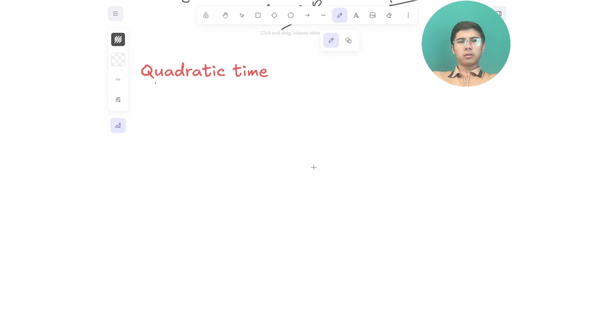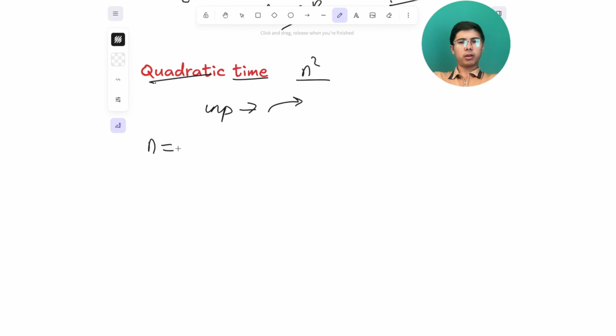So our next topic is quadratic time. Quadratic time, as the name suggests, means that as the input size increases, the execution time grows quadratically. For example, if the number of elements increases 2 times, the processing time increases 4 times.